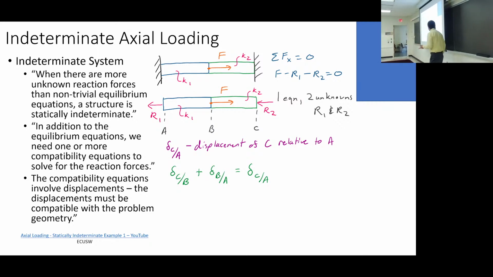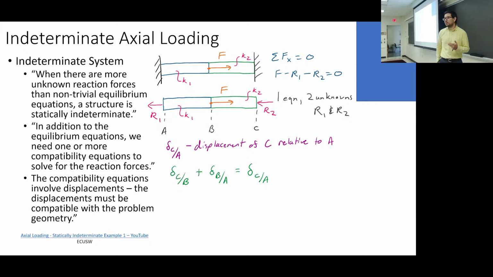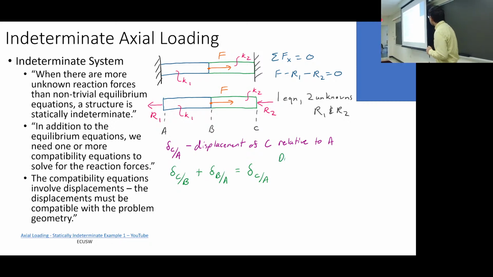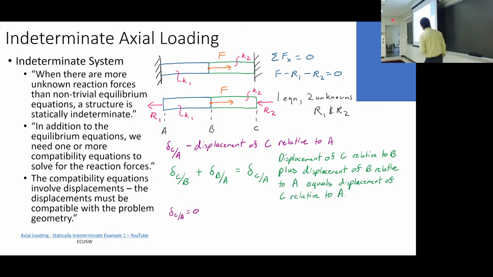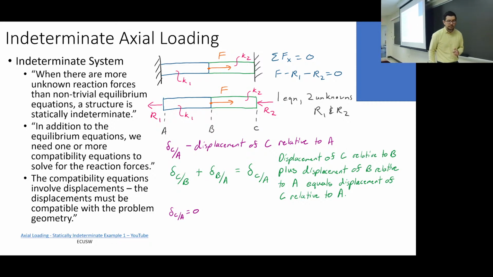So it's 0, because they're stuck to the wall. This is just using words, but the next thing is that delta C relative to A is going to be equal to 0.